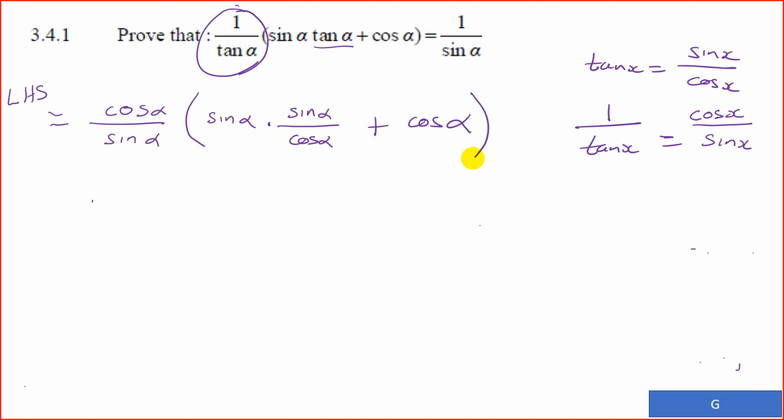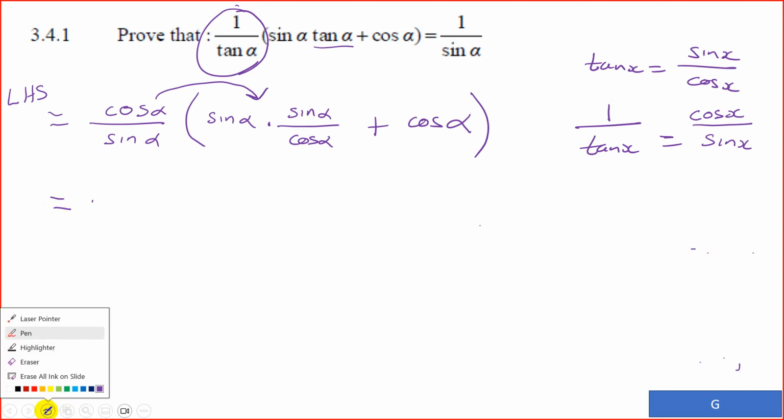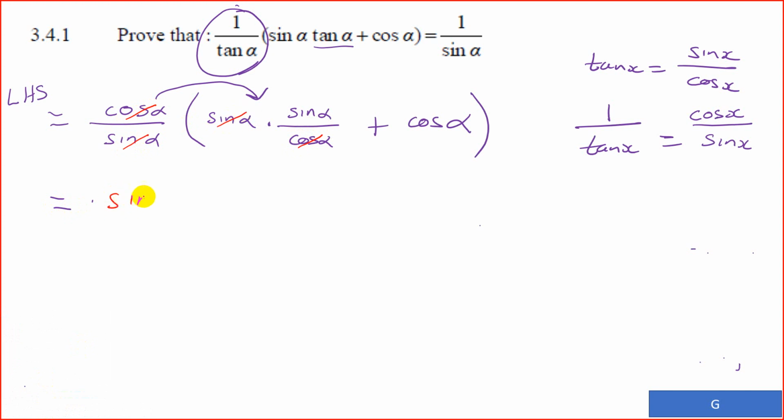Okay, so we're now going to use distributive law and multiply the first terms out. And if you do that, you'll notice that the cos and the cos will cancel, and then you got in your denominator the sine alpha, so we should be left with sine alpha.